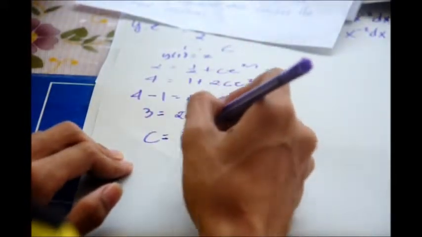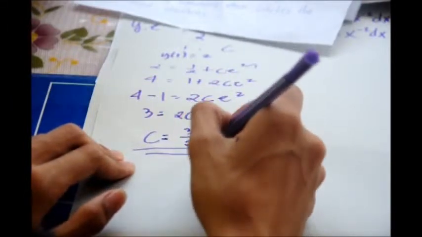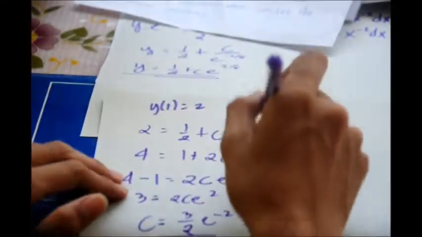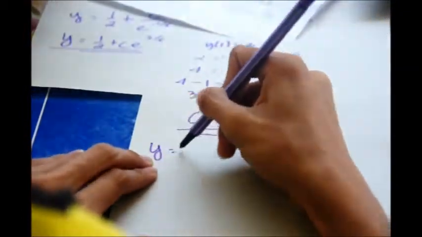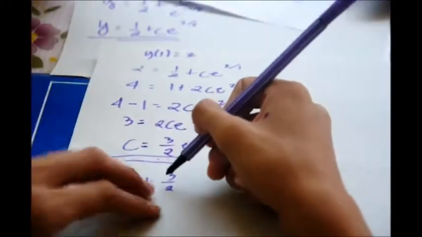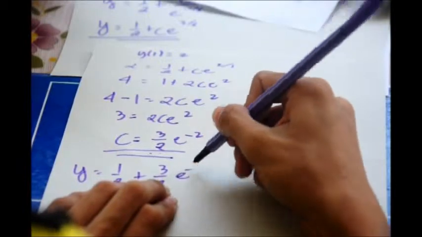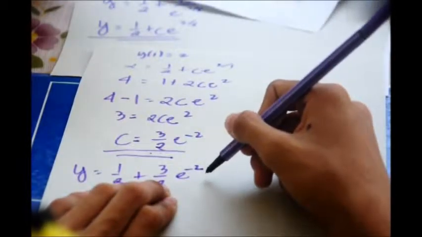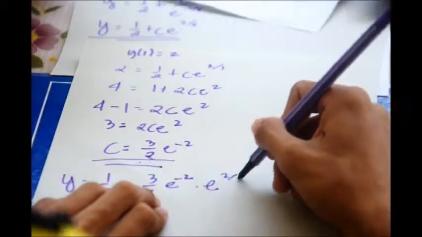So we get the value of c, and then we substitute the value of c to this equation. Thus we can get y equals 1 half plus 3 halves into c into x.